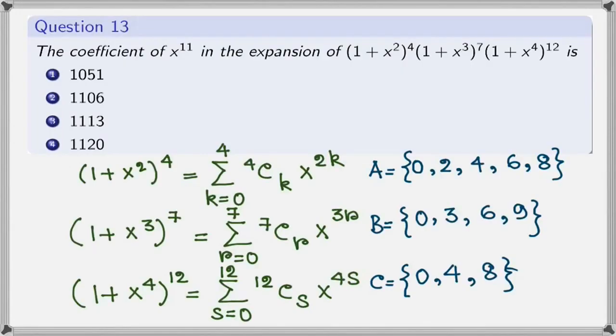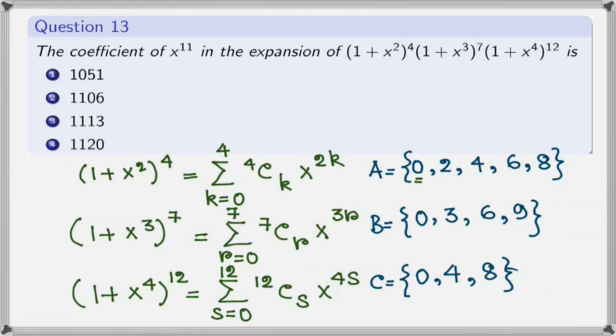We can now note that it can be done in the following ways. So here we have 11. Now from the set A, let us first take 0.